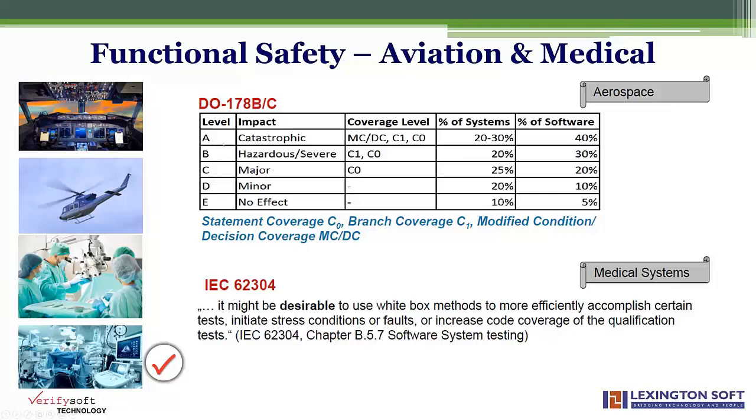So for example, in level A, a software would have a catastrophic impact if there was an error. And in level B, an error means it's hazardous or a severe impact. Level C is still a major impact, and level D and level E are minor or no effect.